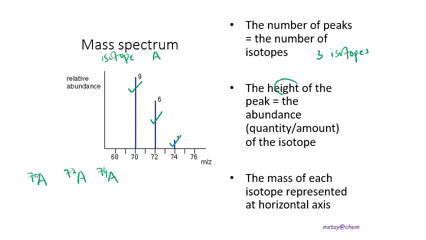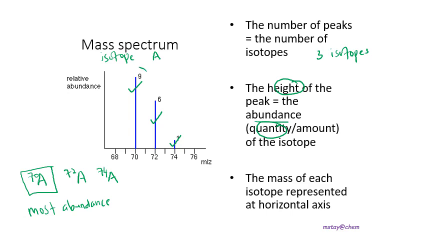The height of the peak represents the abundance, which is the quantity. So among these 3 isotopes, 70, 72, and 74, 70 is the most abundant. How do we know that it is the most abundant?